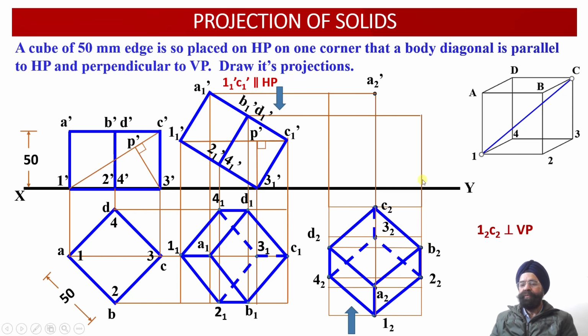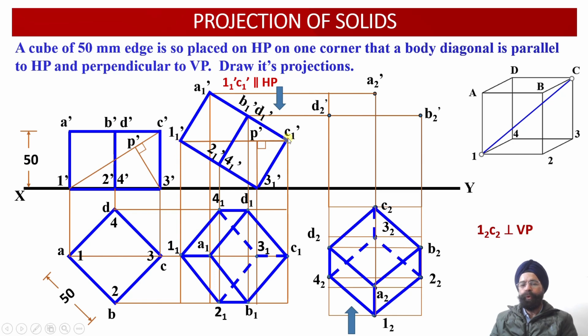From B2, we have drawn this vertical projector line. It intersects with this horizontal line over here. So we obtain the point B2 dash over here. Similarly, this is the point D2 over here. So from D2, we have drawn a vertical projector line. Wherever this vertical projector line through D2 intersects with the horizontal projector line drawn through D1 dash, we have obtained the point D2 dash over here.